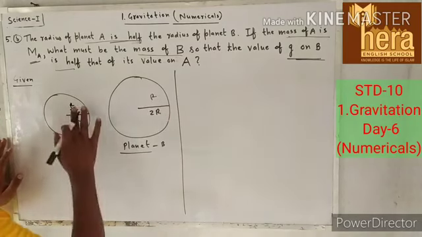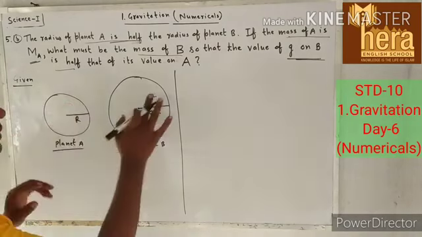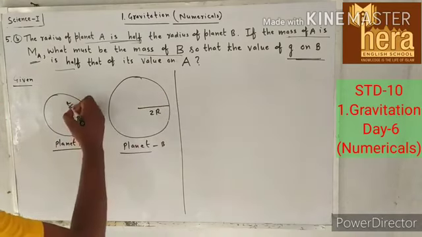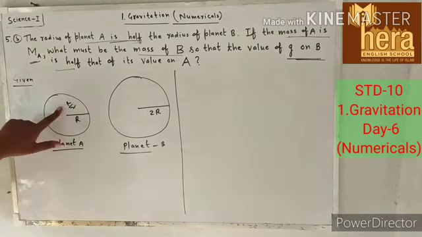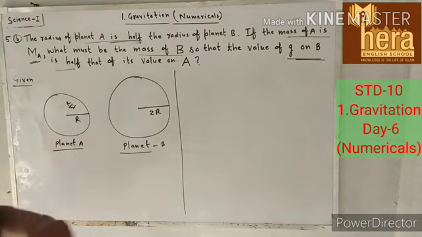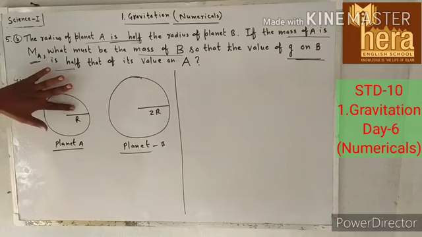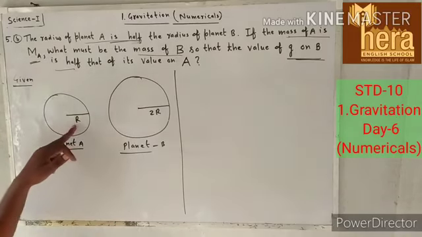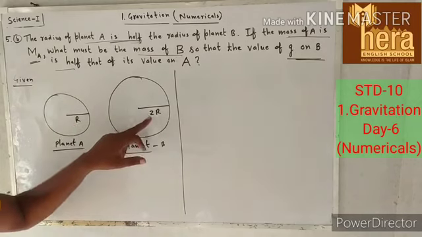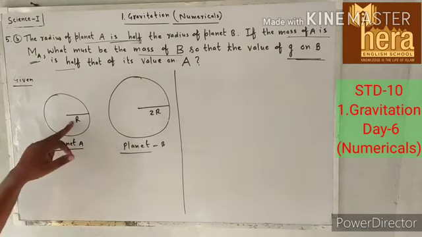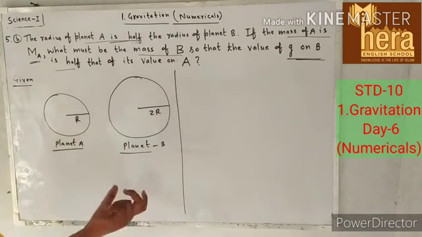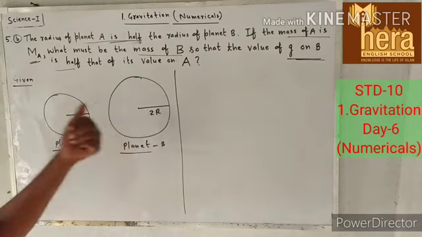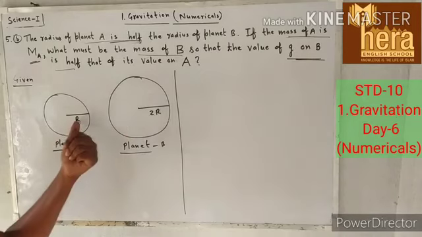So for convenience, take 2R and R, because if you take R upon 2, then it may be difficult in calculation. So that's why I have taken integer values. If we take 4R, then this is 2R. Answer will be same. You can solve assuming R and R upon 2, or 4R or 2R.